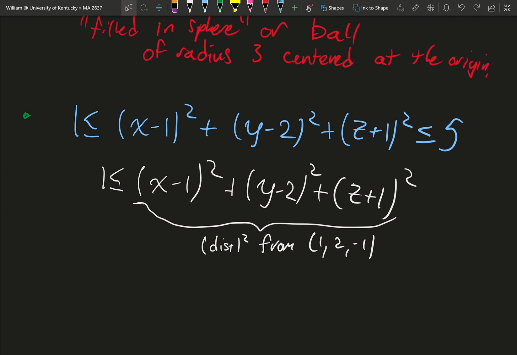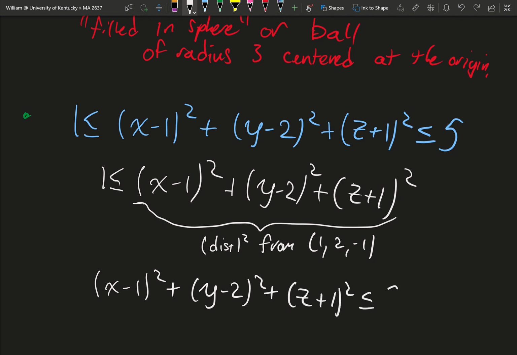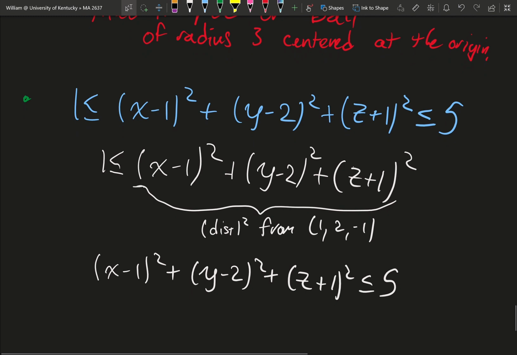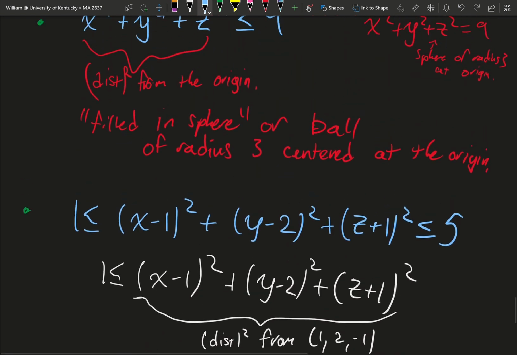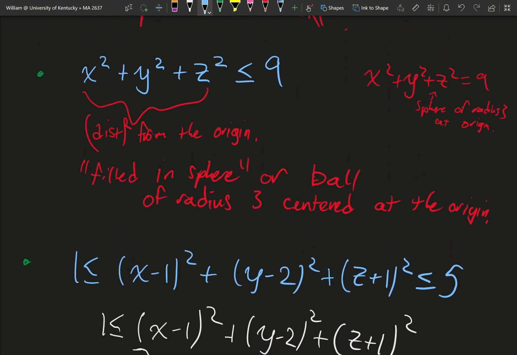And similarly, if we look at the other part, again, distance squared less than or equal to 5. So we can probably identify this, we just sort of saw an example of this.